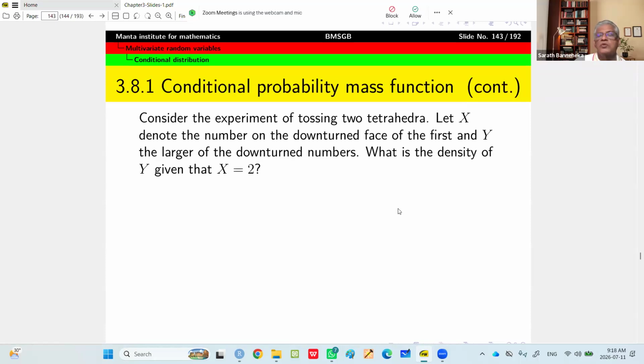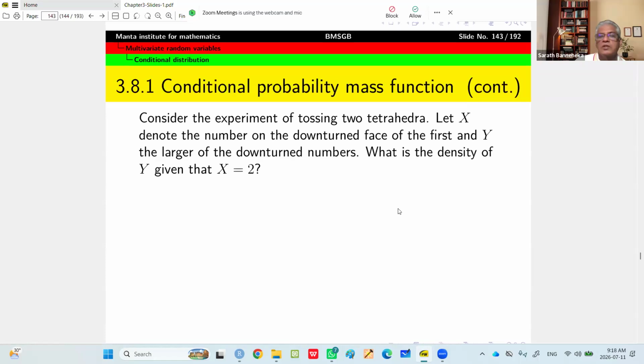You are tossing two tetrahedra. X is the number turned down on the first tetrahedron. Y is the maximum of the two turned-down numbers. What is the density of Y given X equal to 2?